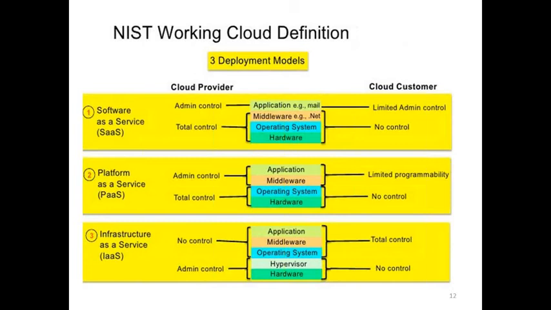According to the cloud working definitions, 3 types of services would be provided over the cloud: infrastructure, platform, and software. In infrastructure as a service, the cloud customer would not be having any control over the hardware or the hypervisor.